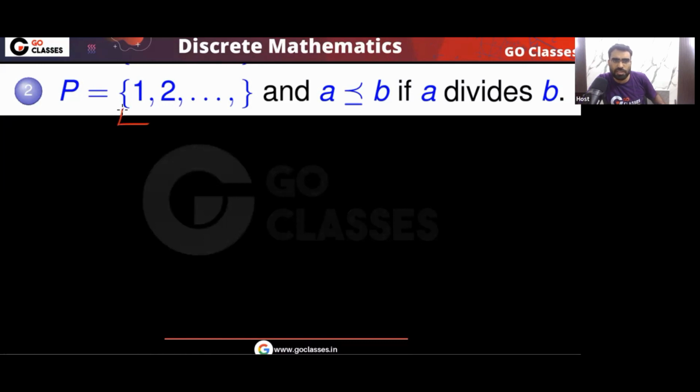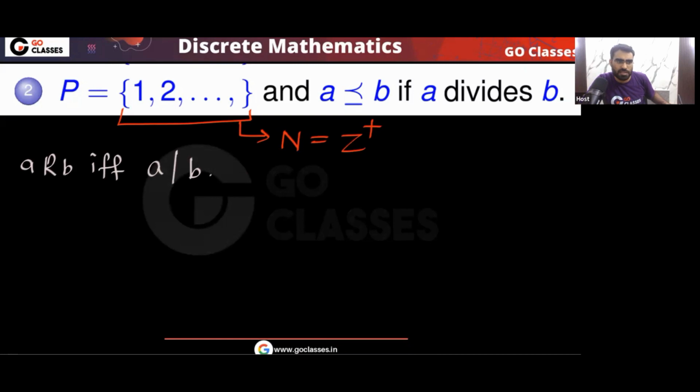This is your set of natural numbers, or I can say the set of positive integers. I am defining this relation: A is related to B if and only if A divides B. What does that mean? This means A divides B.